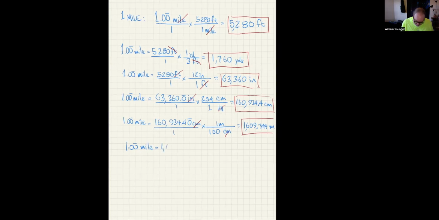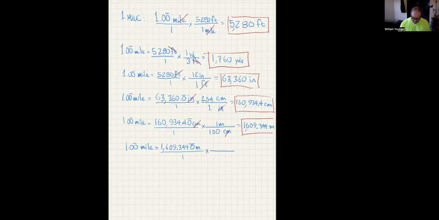This is 1,609.344, 0 with a bar after it, meters. Again, put it over 1 times, of course, we wouldn't necessarily go through all this trouble to convert this unit because we know kilometer is 1,000 meters, so we just move the decimal 3 places to the left. But if you're in a pickle, you're a little nervous during a test or something like that, it'd probably be best to just go ahead and write it out this way.